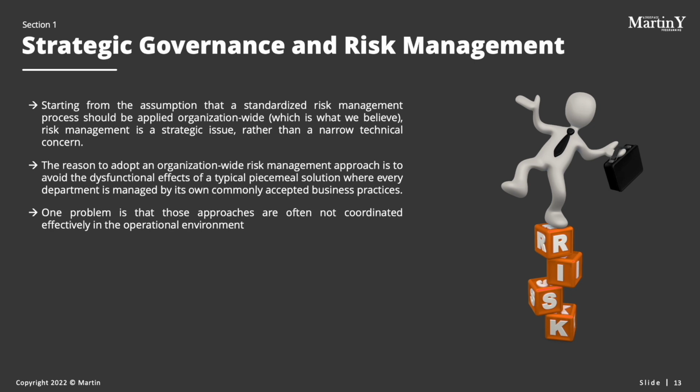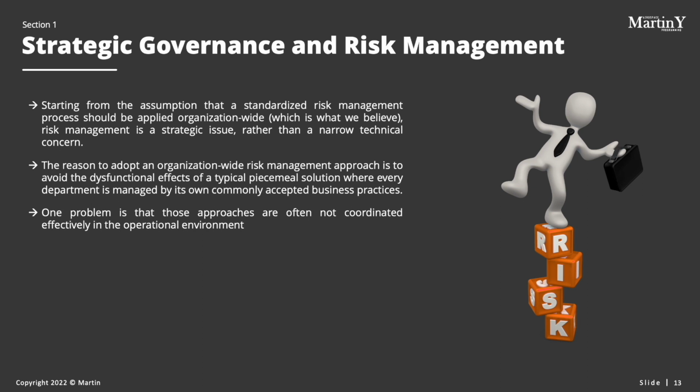When you do not implement your risk management strategies organization-wide, but within the different departments, those strategies are very often based on major ideas about the proper way to accomplish a particular organizational goal. And regardless of whether they're universally standard or documented, they will have a problem. The problem is that those approaches are often not coordinated efficiently in the operational environment, and in some cases they can cause a very big dysfunctional conflict within your teams. Unfortunately, this is the case in many companies.